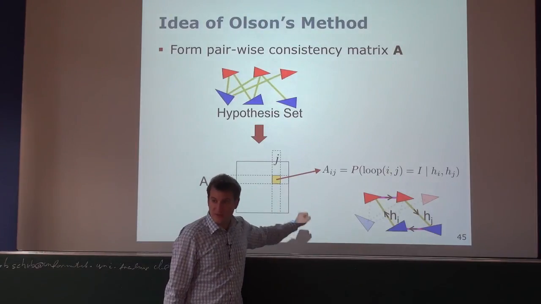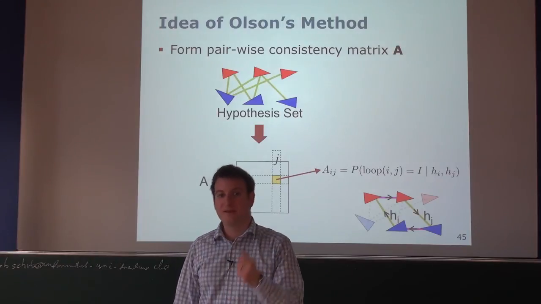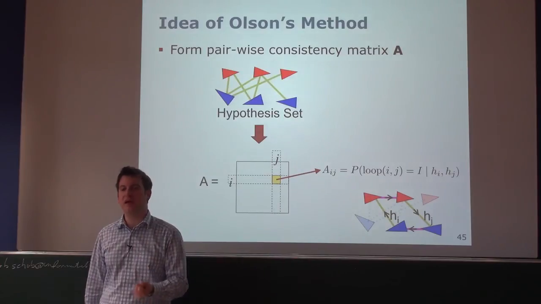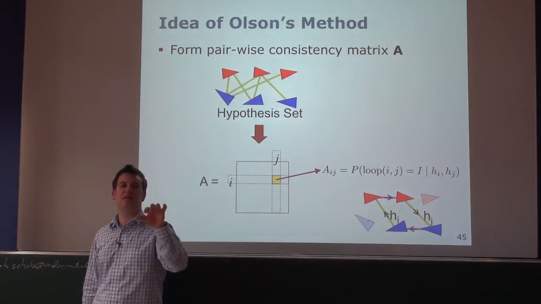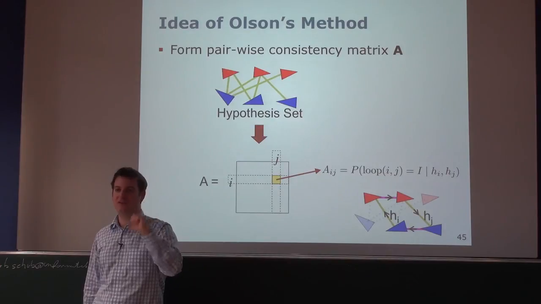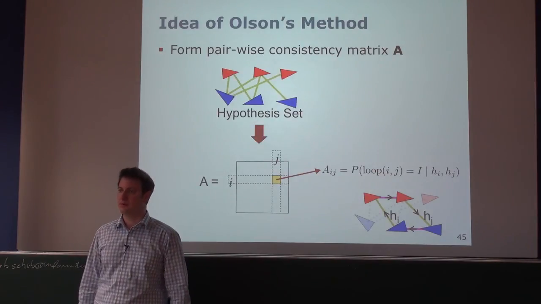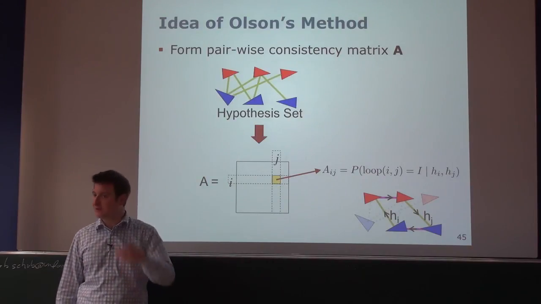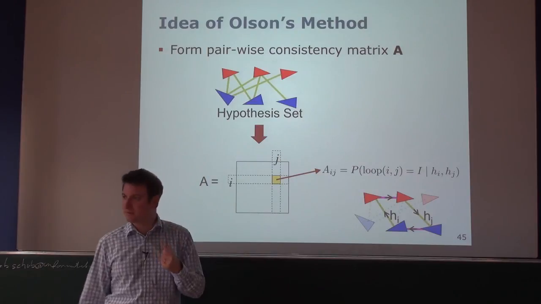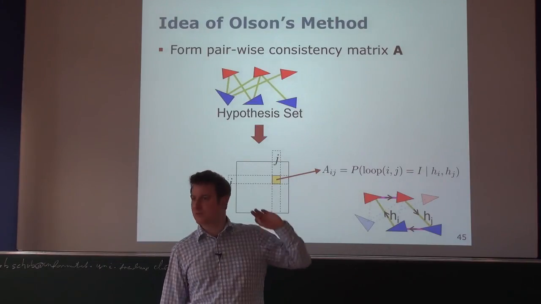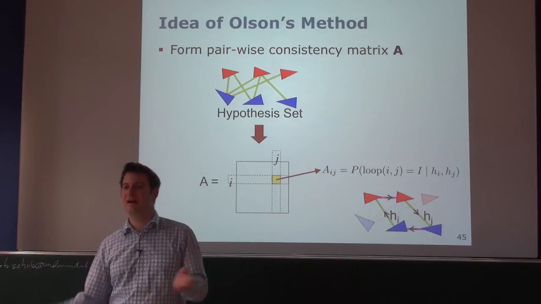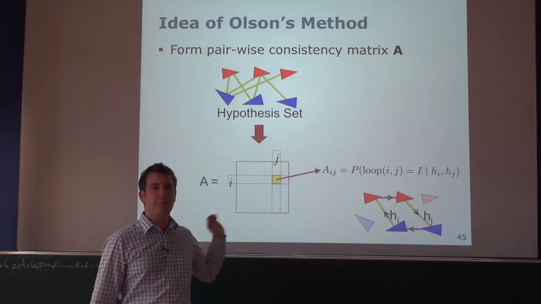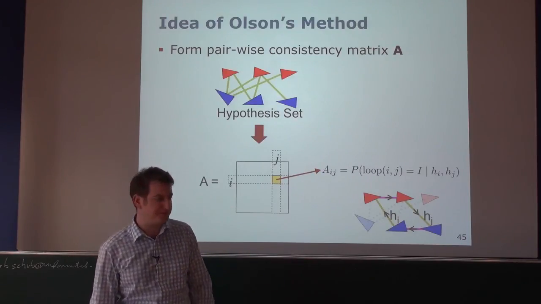So every entry ij of this matrix tells how well hypothesis i and hypothesis j agree with each other, just looking at this pair of hypotheses, just a pairwise consistency match. If there are small values in there, maybe they don't agree. If there are high values in there, they agree. That may be good. Again, this so far hasn't helped me to identify these groups, or if they are different groups. It just says which pairs are consistent with each other.